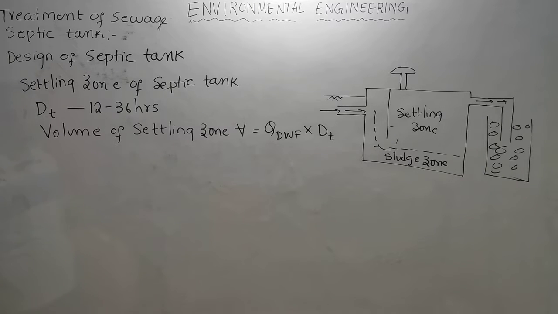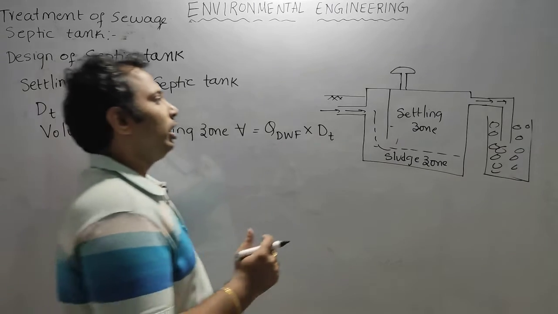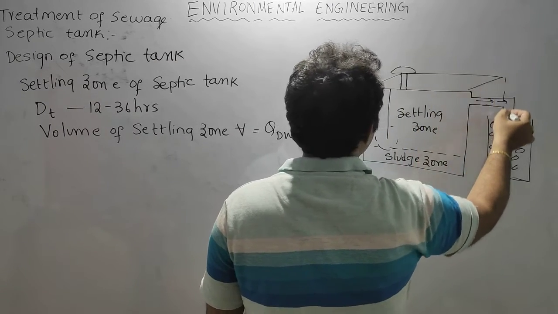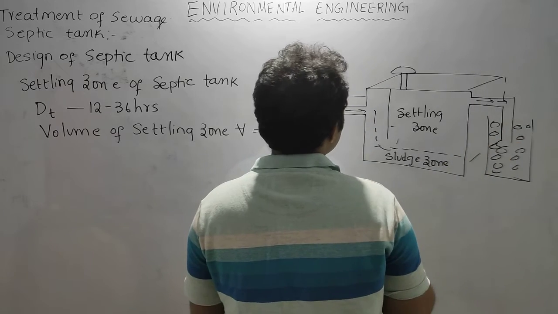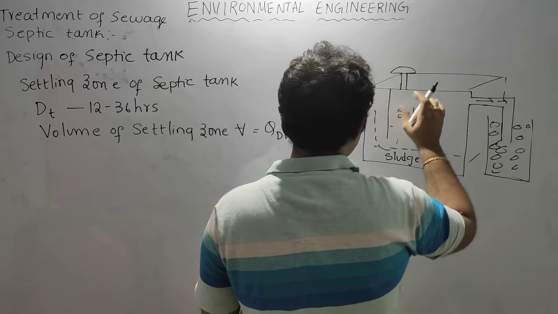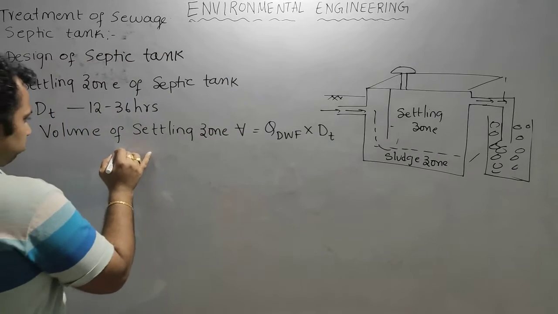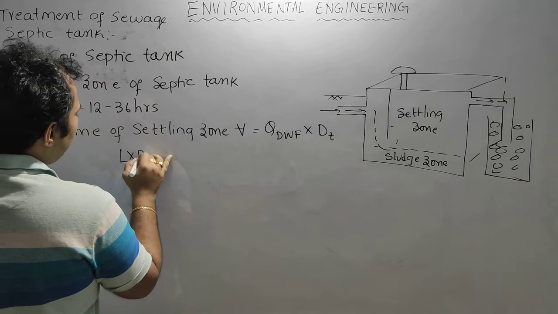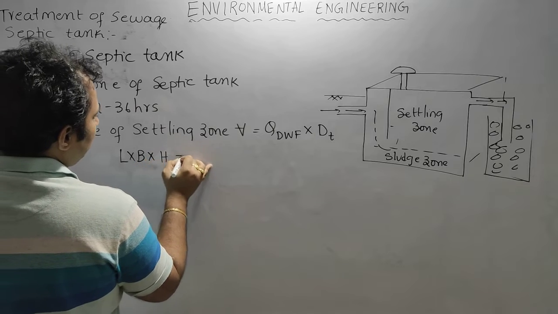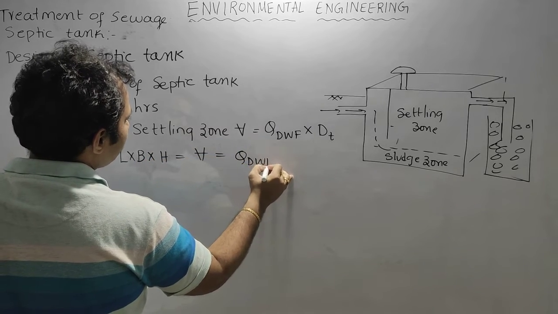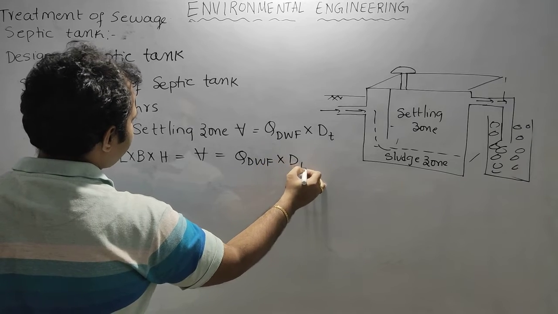The settling zone should be rectangular. If you look at the three-dimensional view, there will be length, width and depth of the settling zone. So L into B into H is the volume, which is Q dry weather flow into detention time.